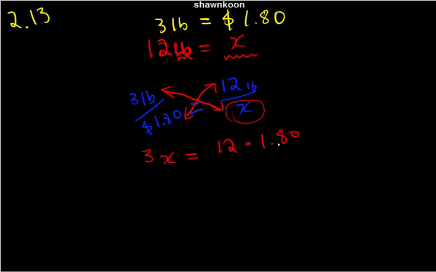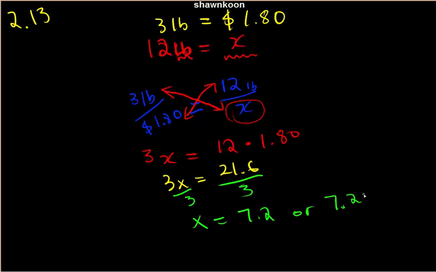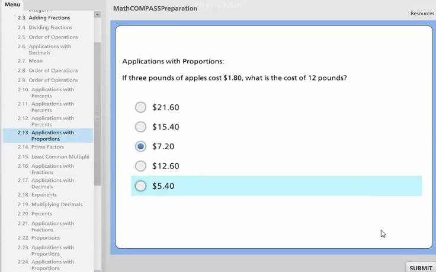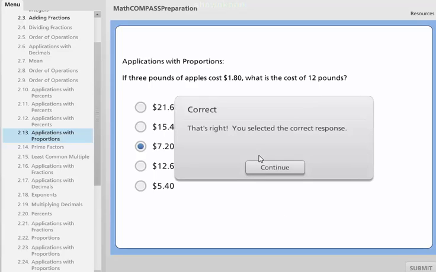If we reduce that down, this becomes 3x equals 21.6. Now what do we have to do? Yes, divide by 3, right? If we do that, we get x equals 7.2, or $7.20. So let's see if we have that in our answer. Yes, we do. So we got the right answer.